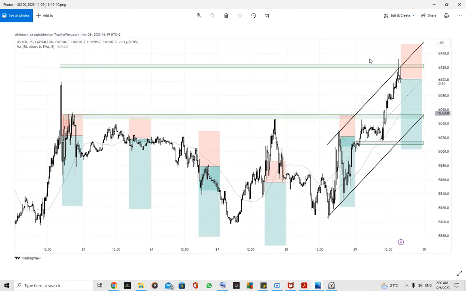So remember that this level here, I forced this level as a resistance. So now I have to send a signal. I'm sending a signal with the belief that we have met the resistance and now we are going to be pushing back to the downside.